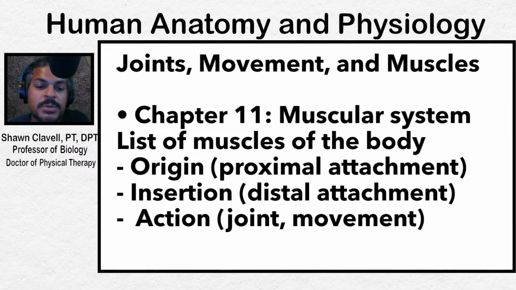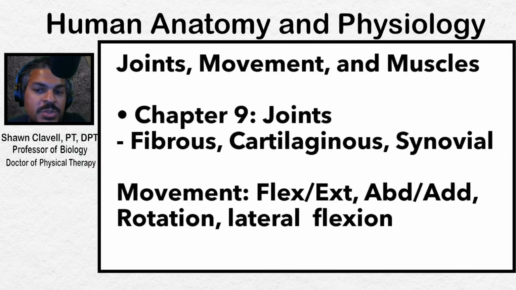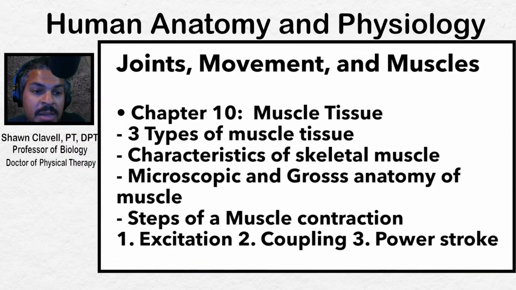So for the next 3 weeks, as I mentioned, this week we're going to finish up taking a look at chapter 9, joints. So we'll talk about the fibrous joints, cartilaginous joints, synovial joints. We'll overall look at movement: flexion, extension, abduction and adduction, rotation, lateral flexion, and then chapter 10, muscle tissue.